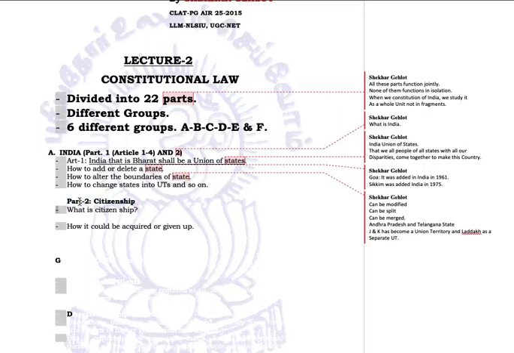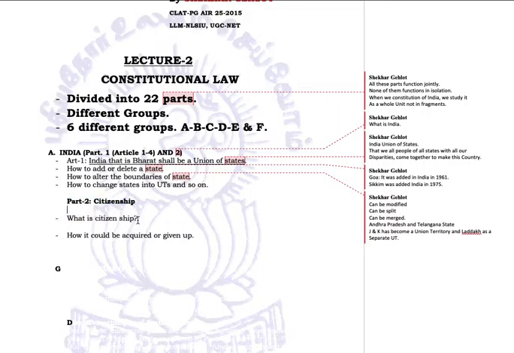Any country, other than its borders or area, is also known by its people, its citizens, its occupants. So what is citizenship, how it has to be acquired or given up is dealt with in Part 2 of the Constitution of India. So it deals with how citizenship can be acquired.